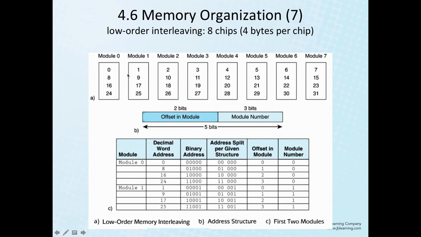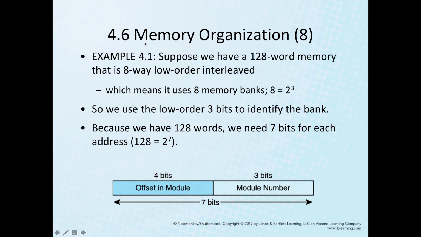But if we use low order interleaving, the least significant 3 bits are used to select one of the 8 modules, and the most significant 2 bits are connected in parallel to all 8 modules. Then the address space becomes 0, 1, 2, and all the way to 7, and then goes back to module 0 with 8, and the like. So addresses are assigned this way. That is low order interleaving.